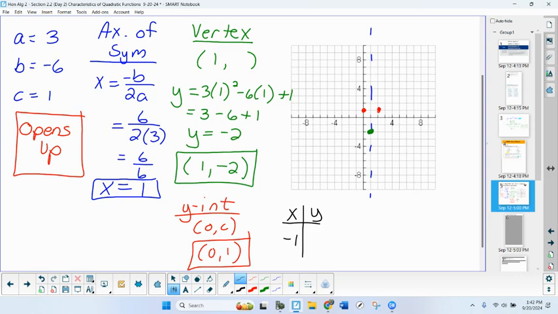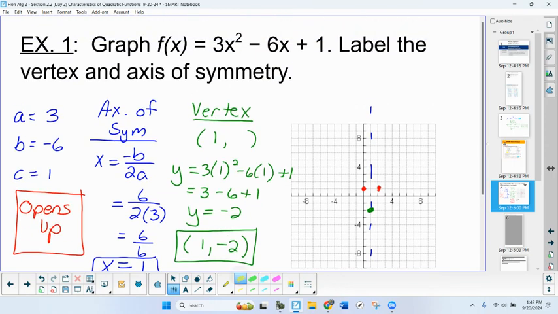Now plug -1 in for x back into this equation. Some of you will do this by hand. Some of you, I've already heard the caps coming off the calculators. That's fine. Just make sure you put your -1 in parentheses when you put that in your calculator.